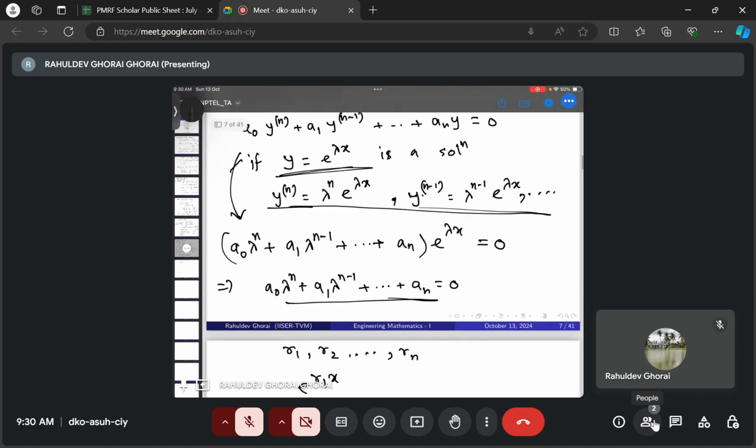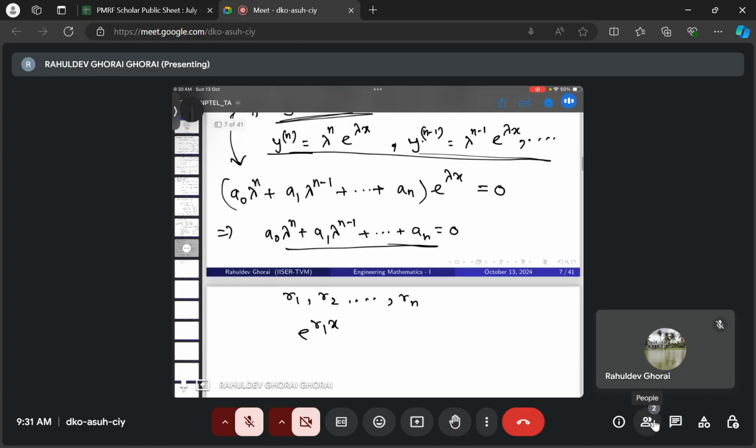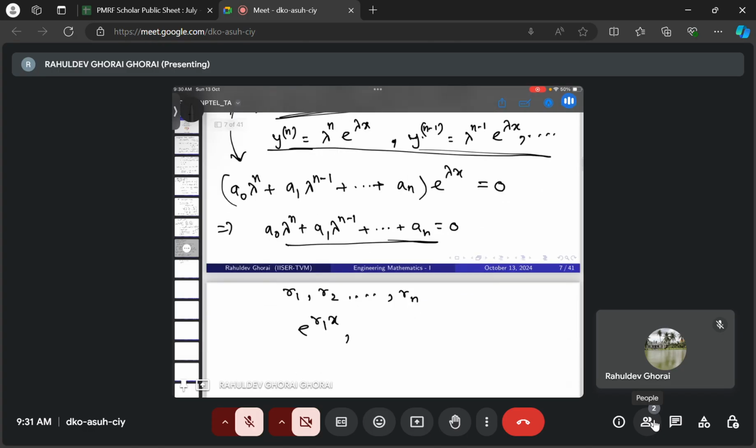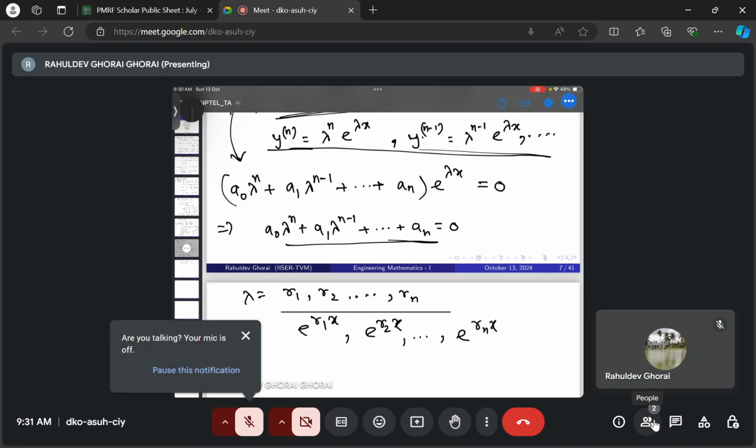Because we started with y equal to e to the lambda x as the solution, and the lambda values you are getting are these. So e to the power r1 x, e to the power r2 x, e to the power rn x, all of these are solutions, and one can check that these are linearly independent also.